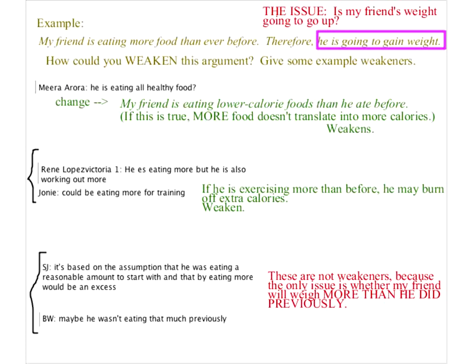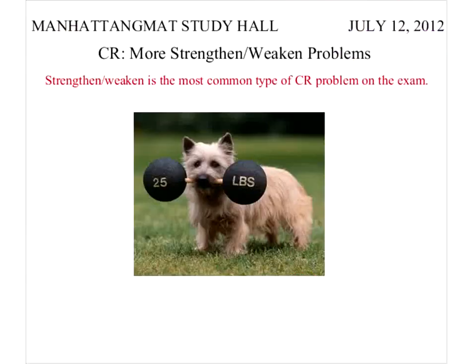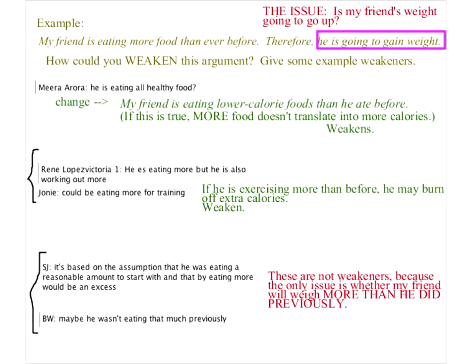We just care about whether it's going to go up from where it is now. All right, so that's why these are not weakeners, because they don't address the issue. Smiley face if you guys understand that. Okay, good stuff.